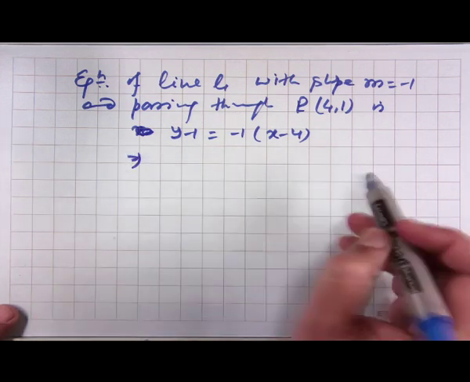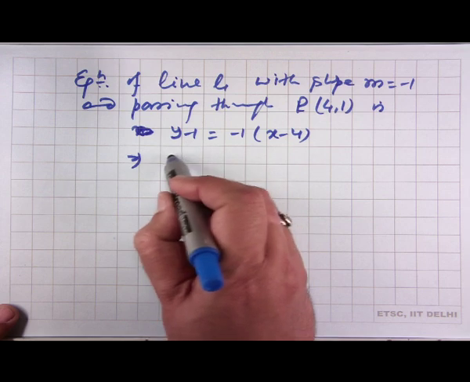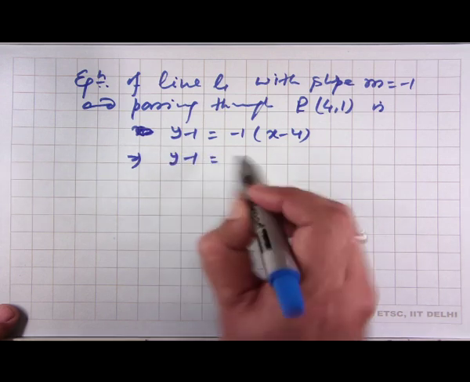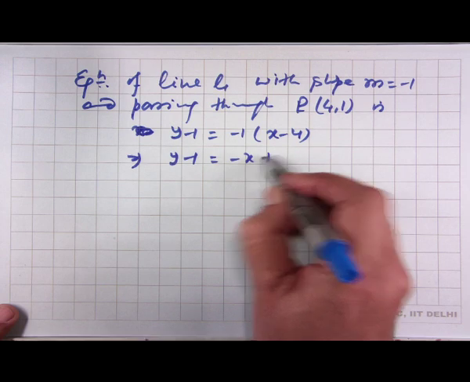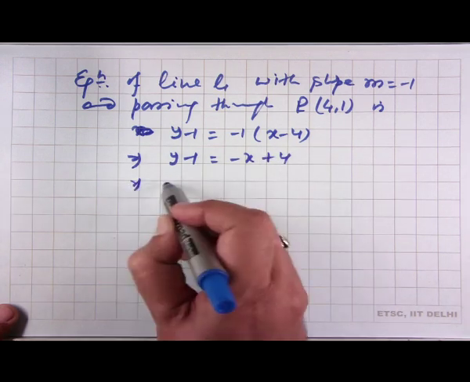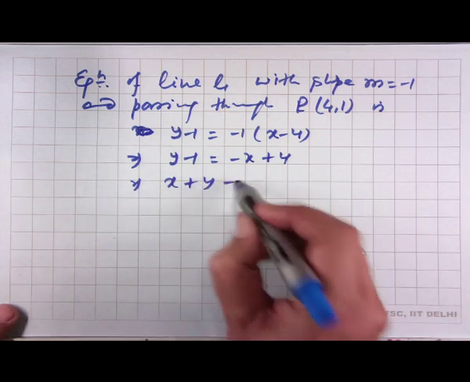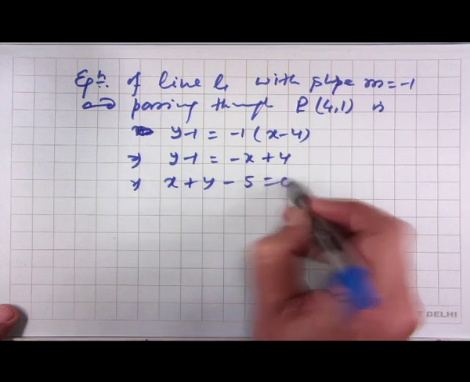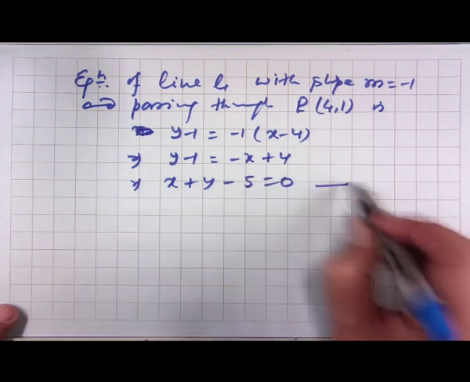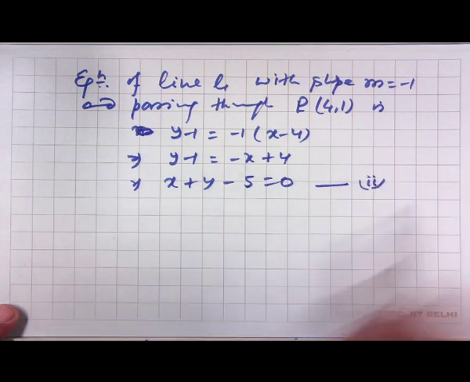This implies y minus 1 equal to minus x plus 4. So x plus y minus 5 equal to 0. This is line 2.